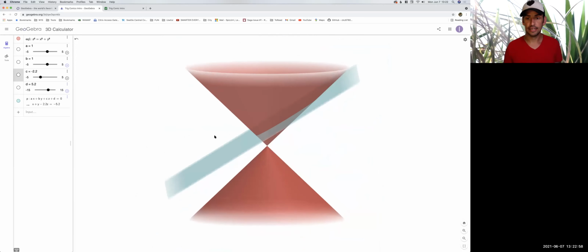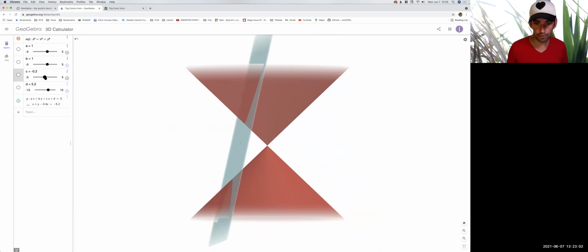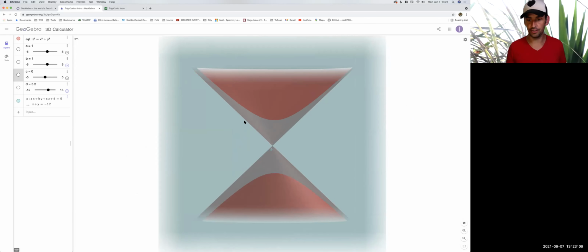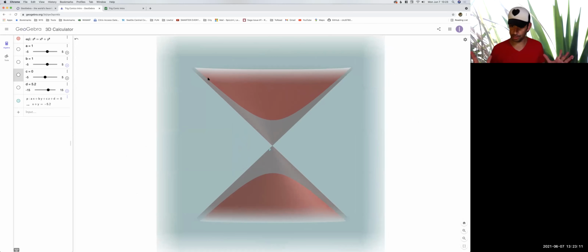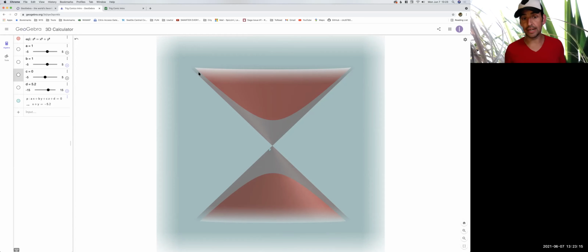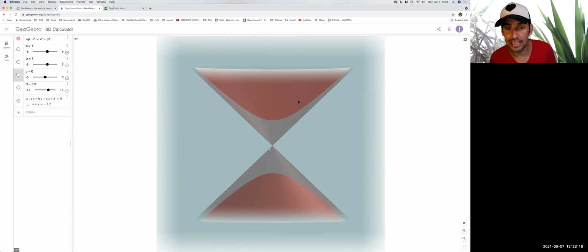And if I go vertically, so now I'm perfectly vertical, the intersection, maybe I'm not clear about what I'm talking about, is where this dark red meets this teal, right? Just that line.